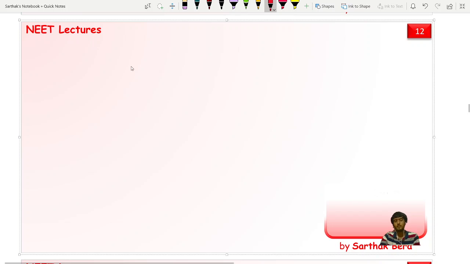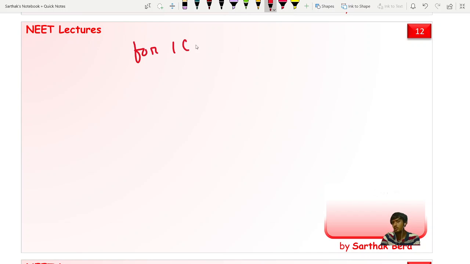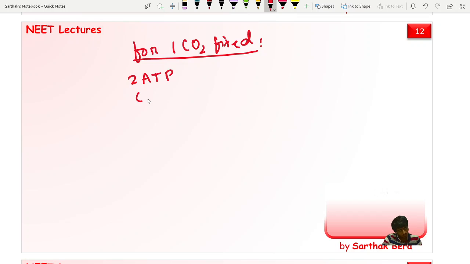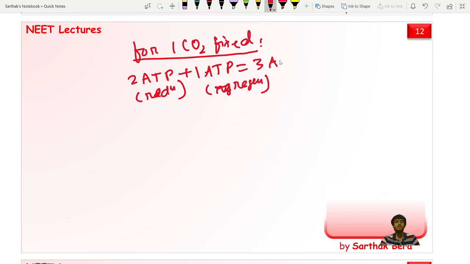I am writing for 1 CO2 fixed, what are the things that happened for 1 CO2 fixed? 2 ATP in the process of reduction is used, and 1 ATP in the process of regeneration is used. So a subtotal of 3 ATP is used for 1 CO2 fixed.